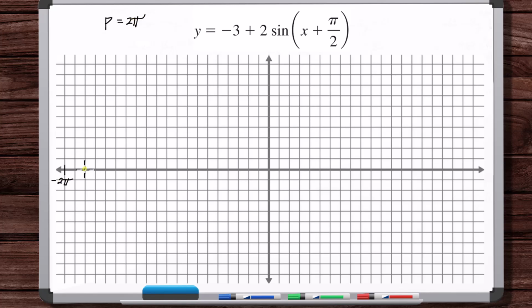So now the amplitude has been scaled up from 1 to 2, and then we're shifted down 3, so we can put 5 to minus 5. Okay, so now let's put the new average oscillating value, the y value, so 1 will be here.